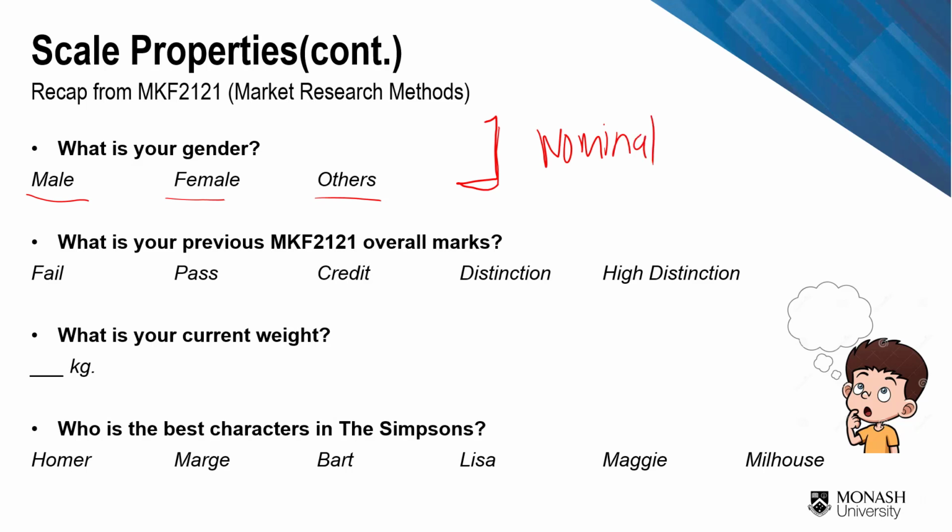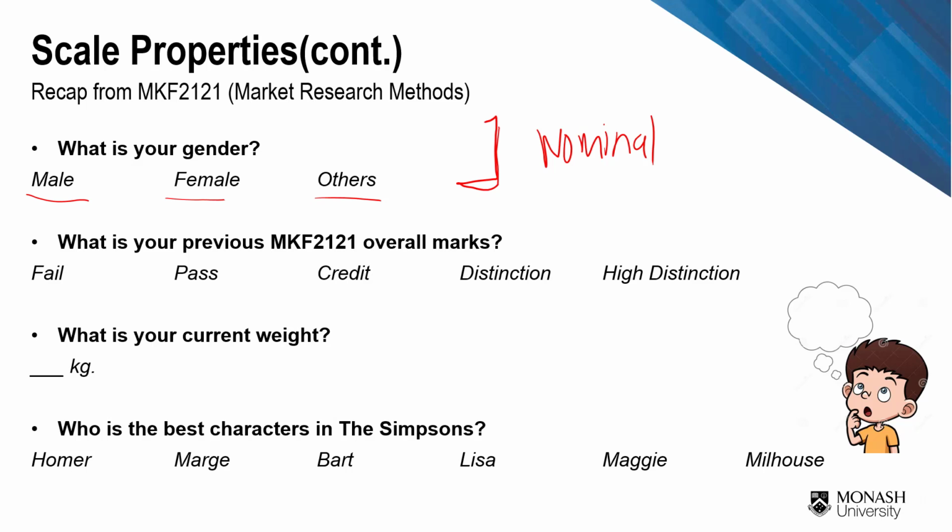Pardon my handwriting because I'm not used to tablets, so I'm still learning how to use this effectively. What is your previous MKF 2121 overall marks? Fail, pass, credit, distinction, high distinction. Again, it looks like categories to me, so I can cross out straight away interval and also ratio.